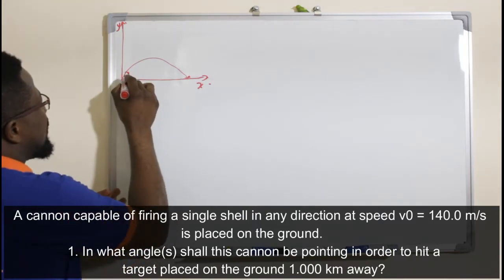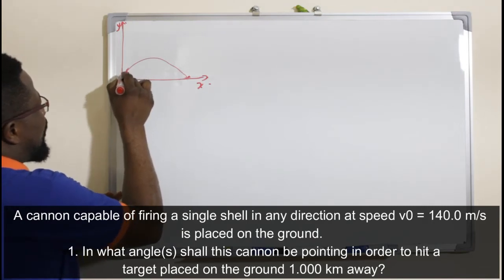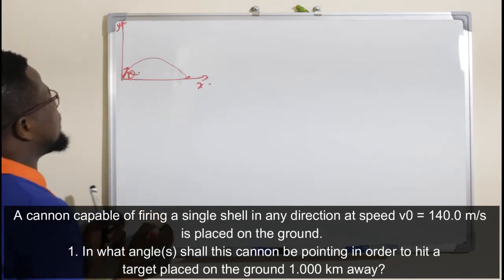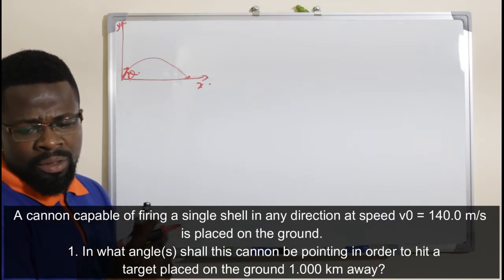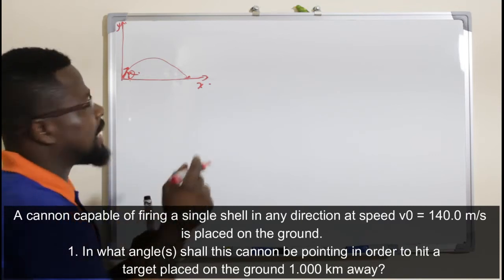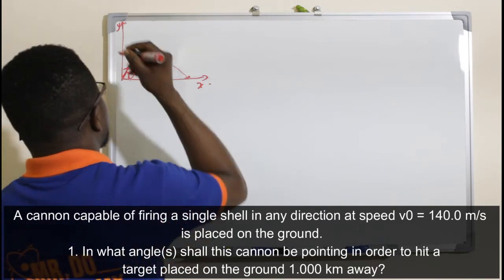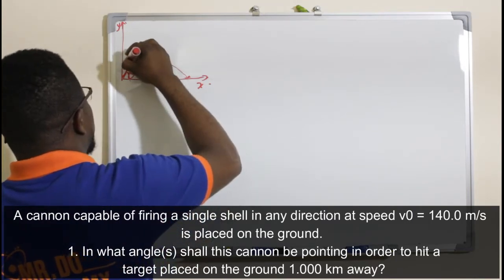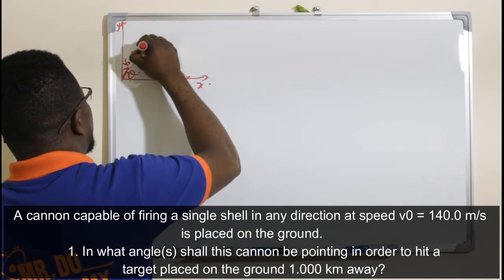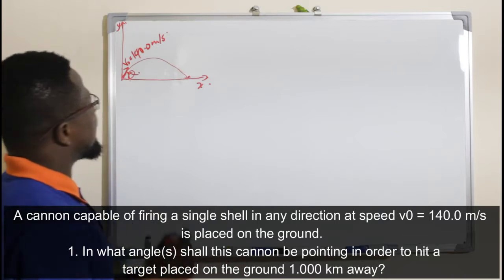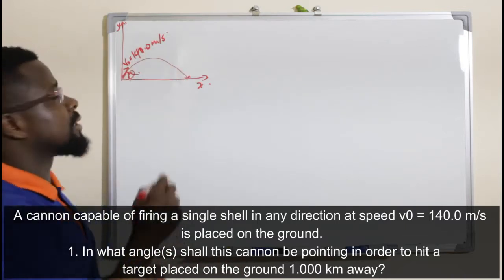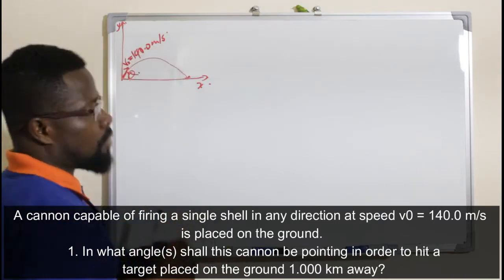The angle here is what we are looking for. So our interest lies in finding this theta here. According to the question, our initial velocity is 140.0 meters per second. So here we have V naught equals 140.0 meters per second.